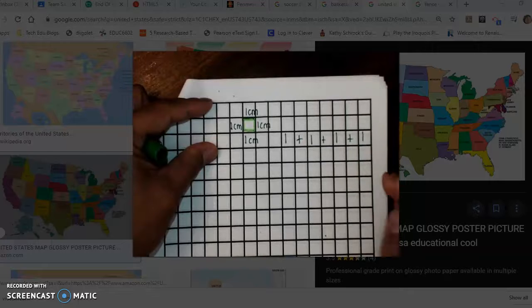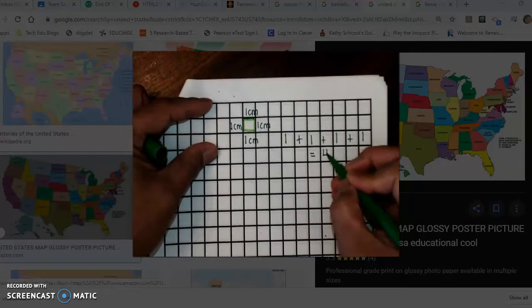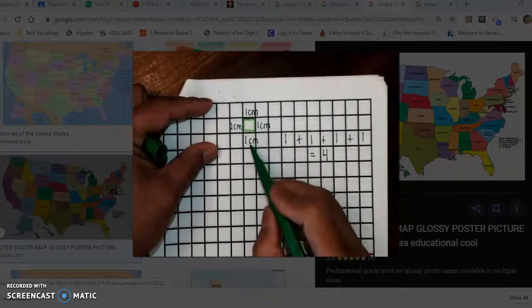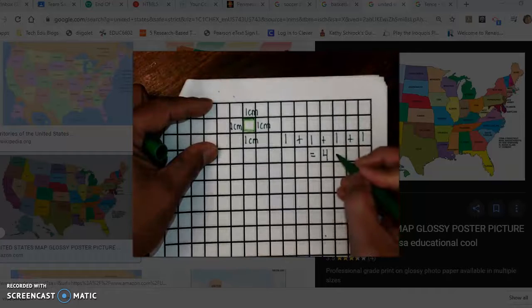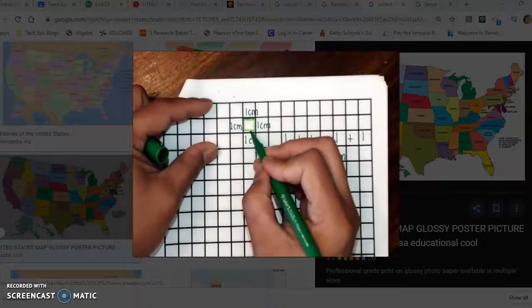All right, I know it's so hard. But 1 plus 1 plus 1 plus 1 equals 4. And because we use the measurement centimeter, we want to end our sum with the word centimeter, or cm for short. Okay, so 4 centimeters is the perimeter of this shape.